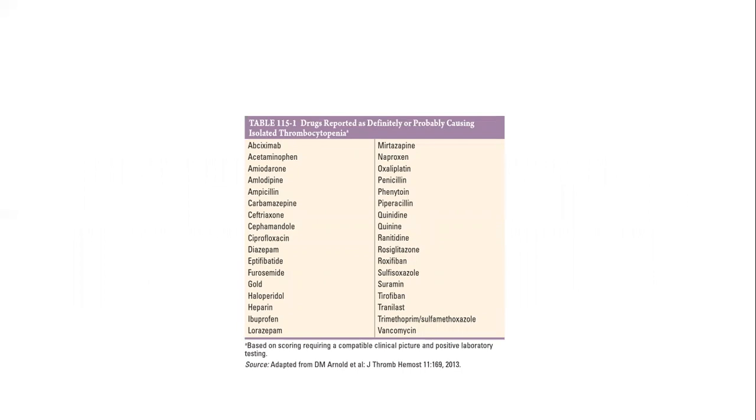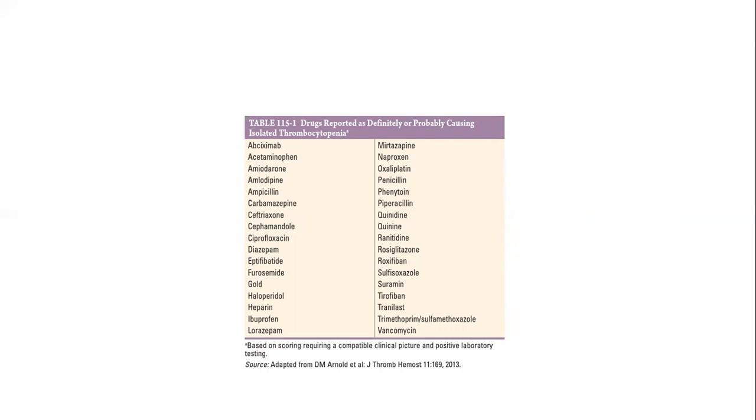So this is the list of drugs reported as definitely or probably causing isolated thrombocytopenia, as given in Harrison. Mostly, as we can see, acetaminophen, amiodarone, amlodipine, ampicillin, ceftriaxone, ciprofloxacin.